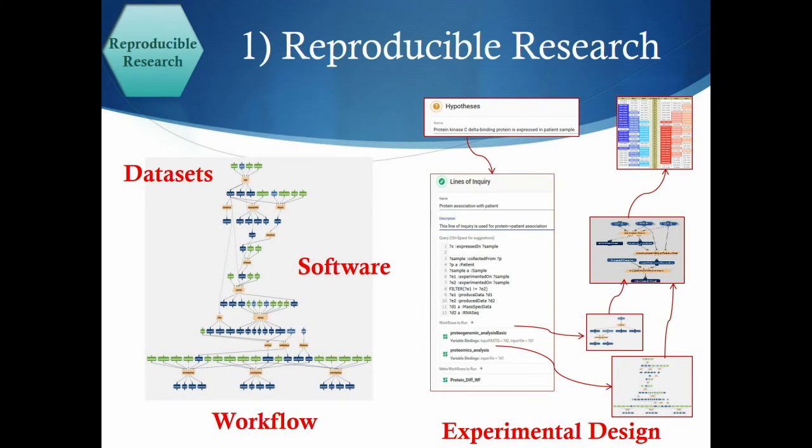Some of these steps may be manual steps, so you may filter out some outliers, or you may do some adjustments by hand, but you need to document those steps as well. And something called experimental design. So how many data points did you use? How did you design a statistically sound analysis? So all of these components are key to reproducible research.